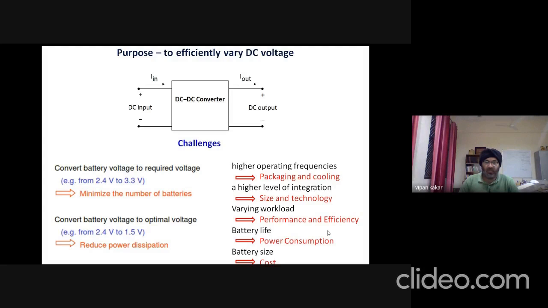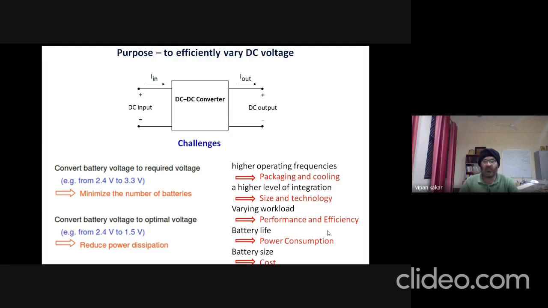If we use a battery at the input of a DC to DC converter, how much battery will it consume? If it is consuming a large amount of battery, then it means it's not a good design. That's also a challenge: the power consumption should be minimized so that the battery life increases.